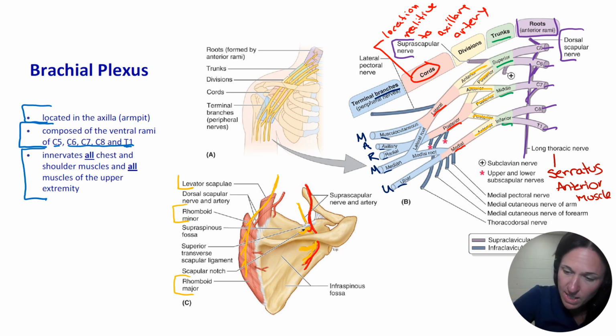And then here we can see a little nerve that is going to subclavius, and its name is very straightforward. It's the nerve to subclavius. It's going to innervate the subclavius muscle. Okay, so we will look at the infraclavicular branches of the brachial plexus later, but for now, let's start with these.